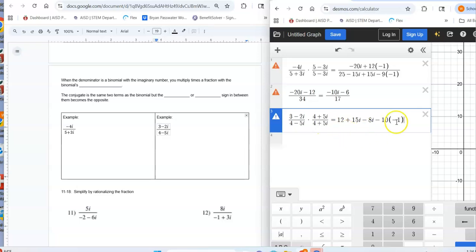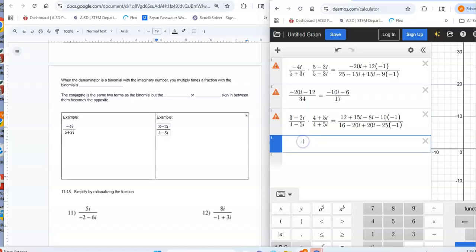Over 4 times 4 is 16. 4 times negative 5i is negative 20i. 5i times 4 is 20i. And then 5i times negative 5i is 25, and i times i is negative 1.